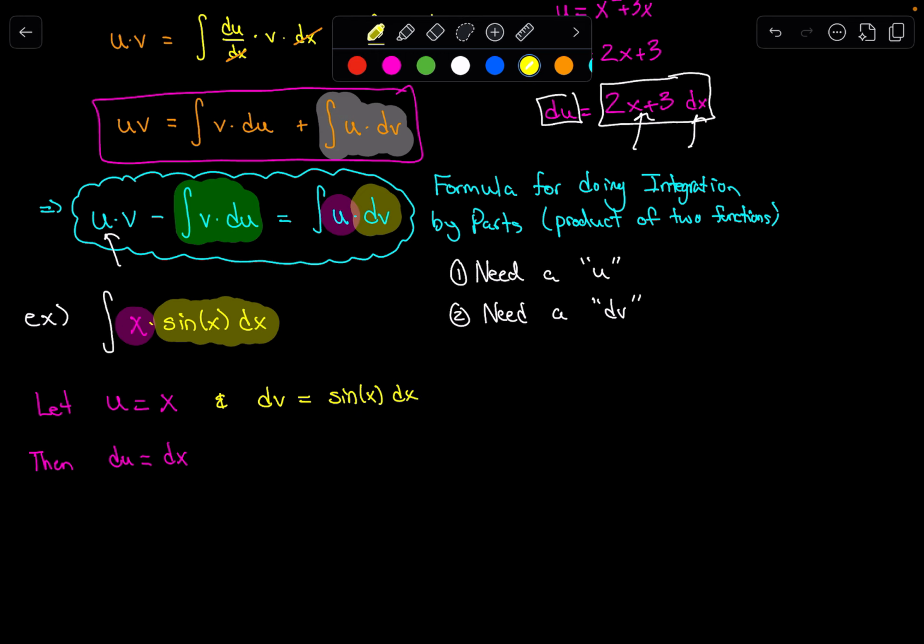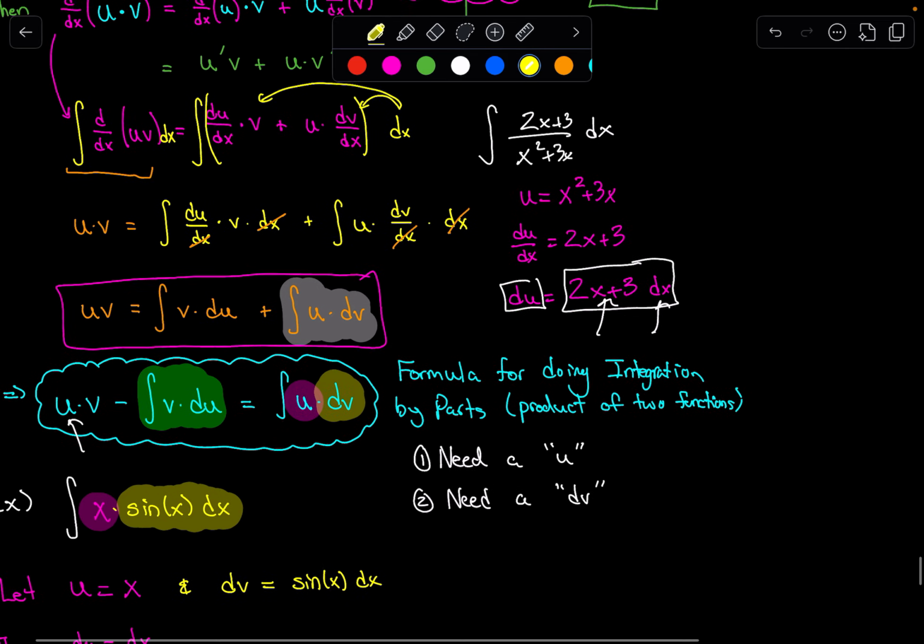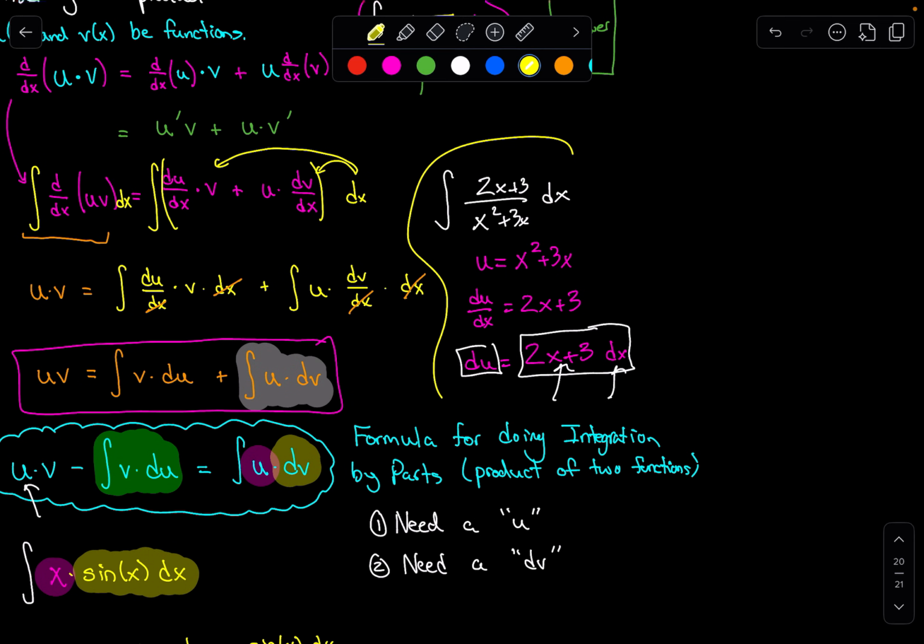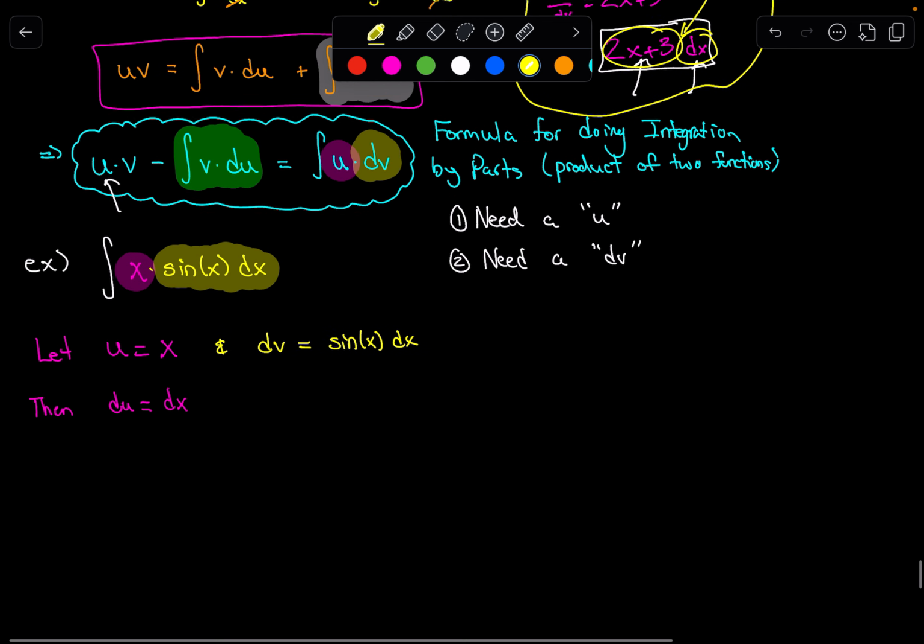And this, again, shouldn't look very scary, because going back to the u substitution, we're very used to having a du equal to something times dx. Or if we did a v substitution, it'd be dv is equal to 2x plus 3 dx. So this is not anything out of the ordinary, totally okay to have.